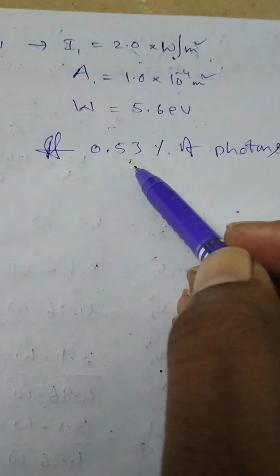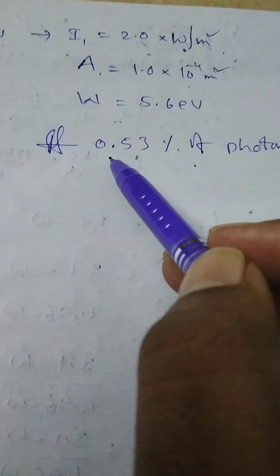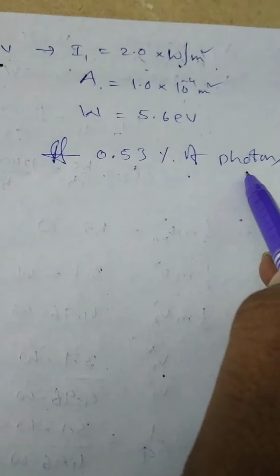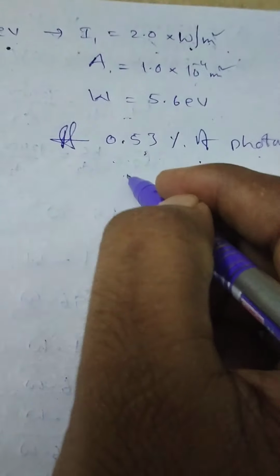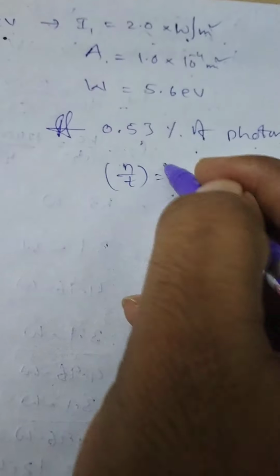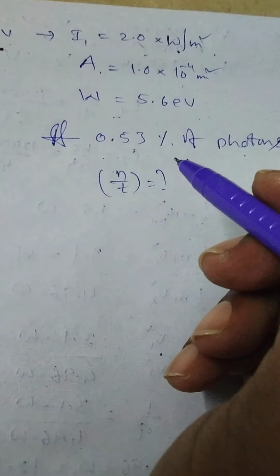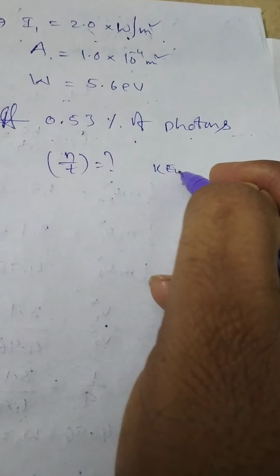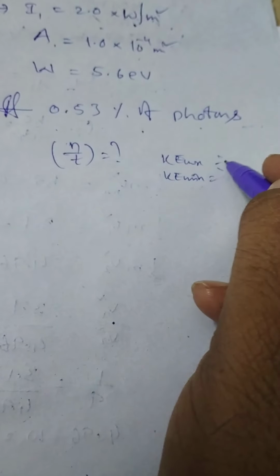Suppose there are N photons incident on the given metal. Out of N, 0.53% of photons eject the photoelectrons. Then find the number of photoelectrons emitted per second. Also find their maximum and minimum kinetic energies, Ke maximum and Ke minimum.